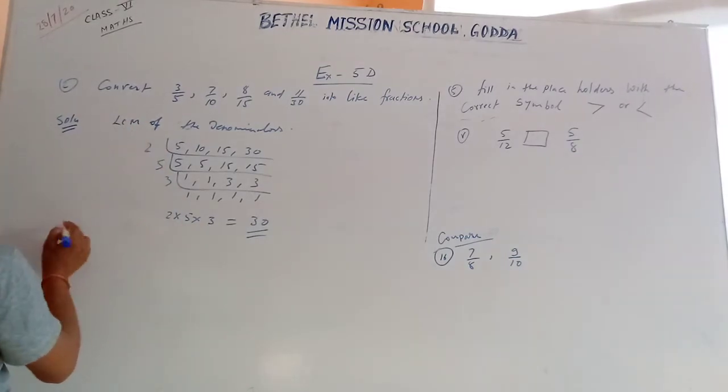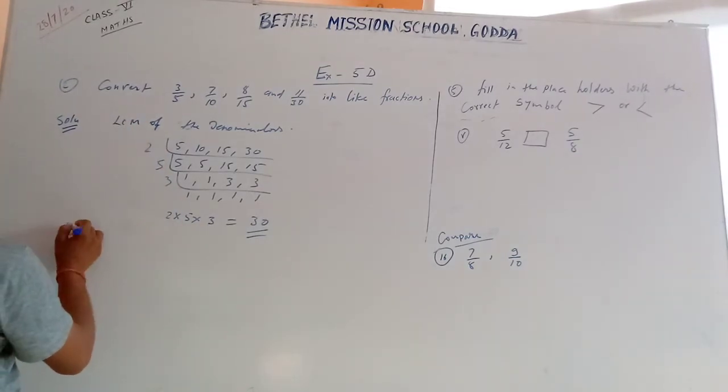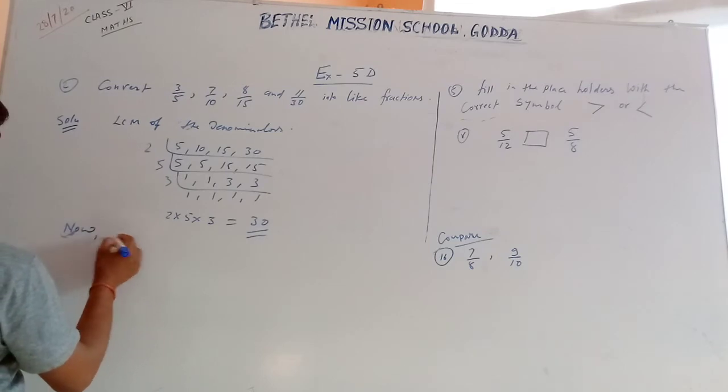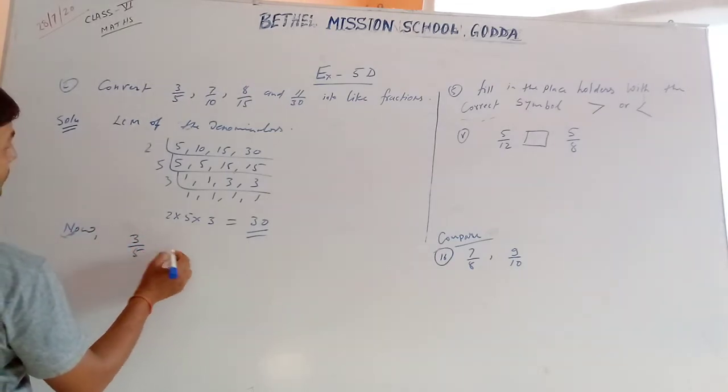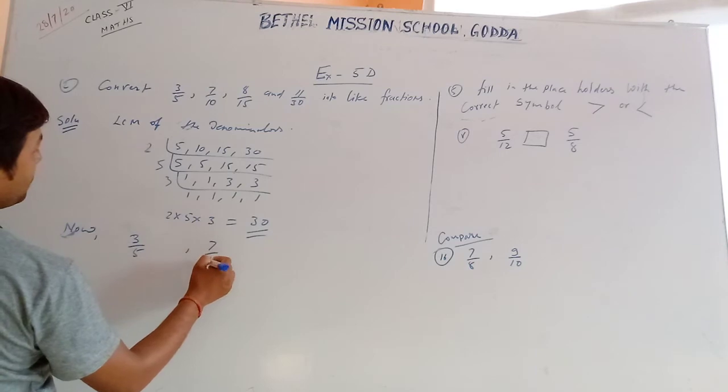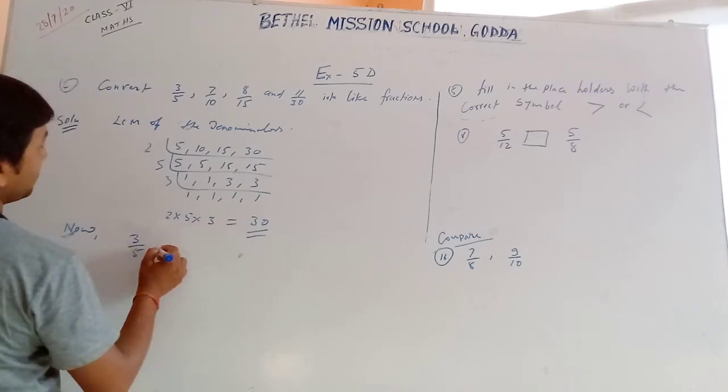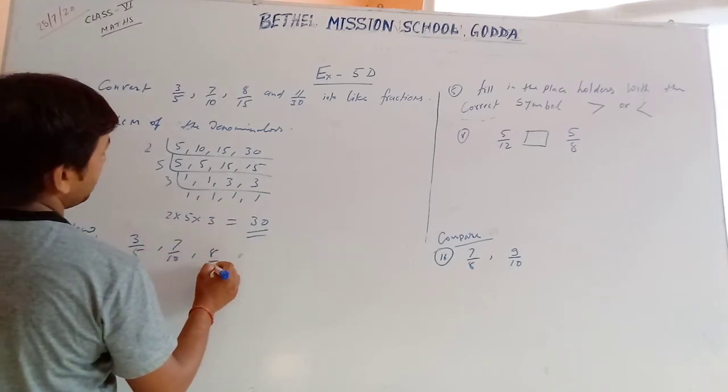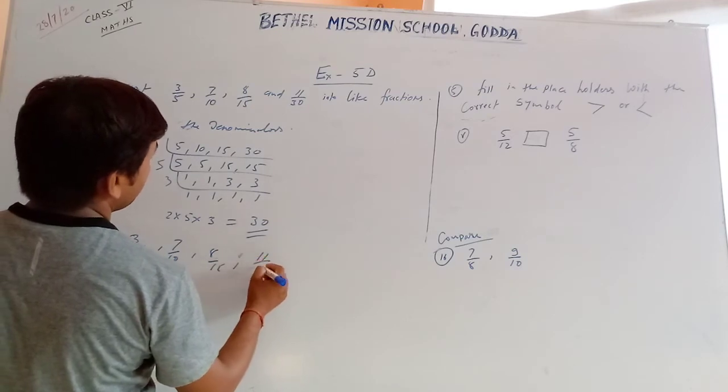Now convert. The fractions are 3 upon 5, 7 upon 10, 8 upon 15 and 11 upon 30.